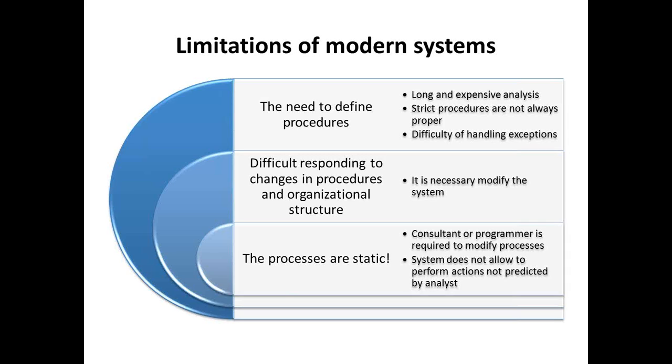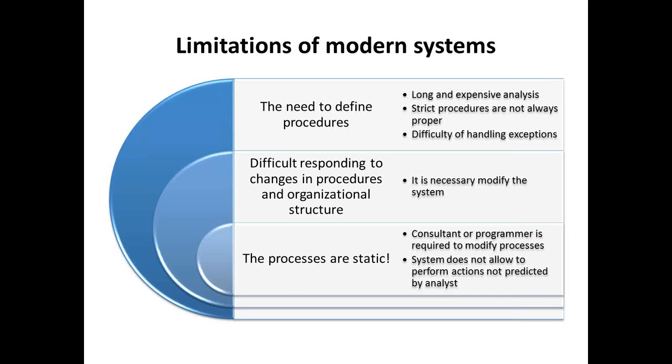But the problem is that, as I told you, it can take lots of money and time to do the process analysis, and there can be mistakes at this stage. So if something was wrong at the stage of analysis, there will be the problem also in the system. And it's difficult to handle exceptions because you cannot always predict all the exceptions that can happen.